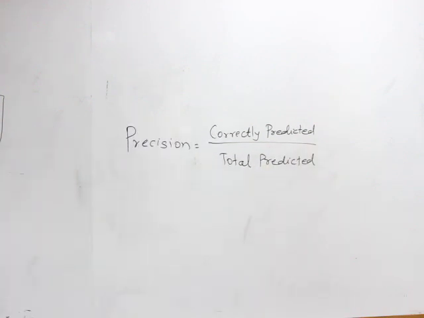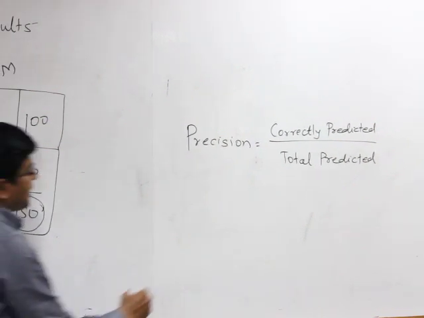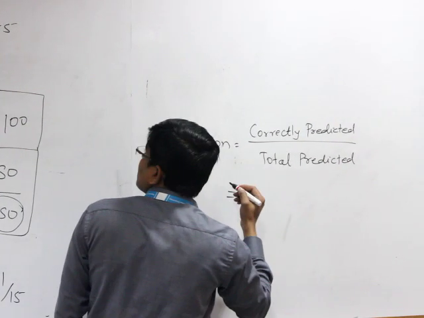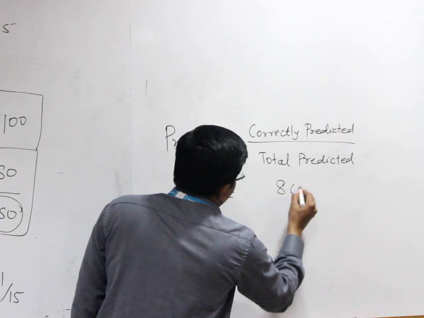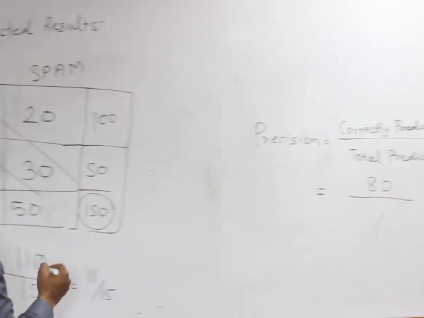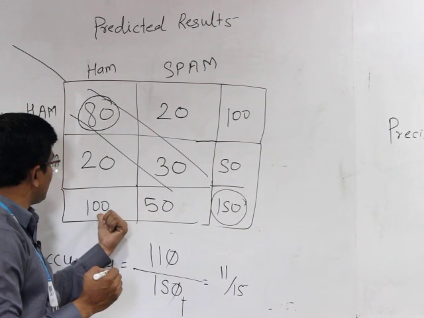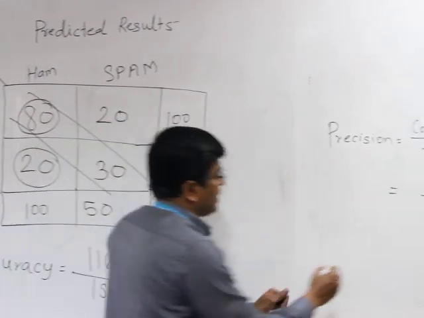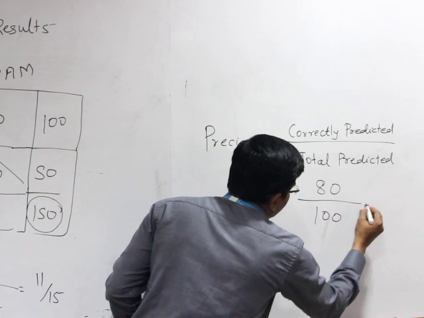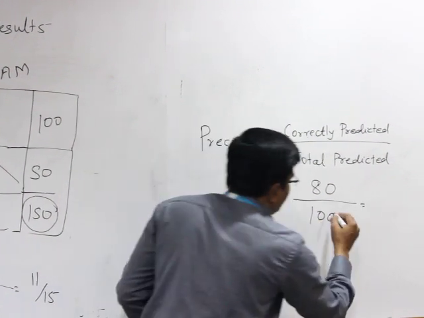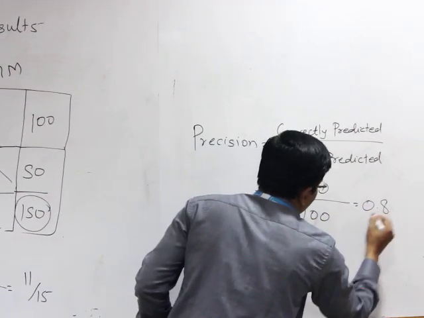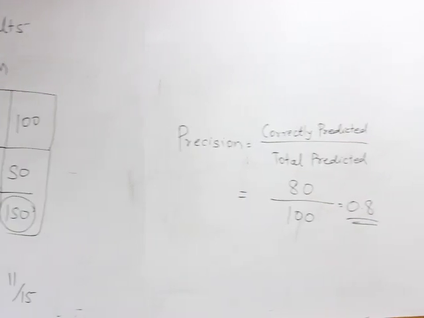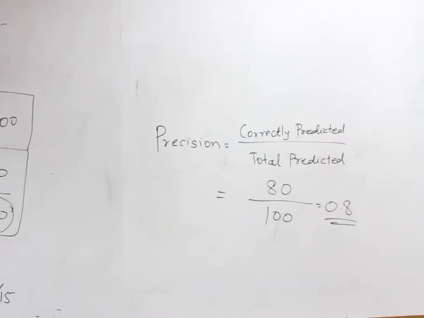Correctly predicted instances for ham are 80, and the total predicted are 100. Out of that, 20 are incorrectly classified. So 80 over 100 will give us the precision. This is the precision of my classifier.